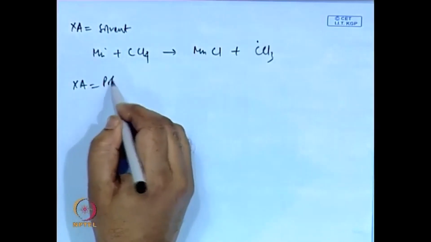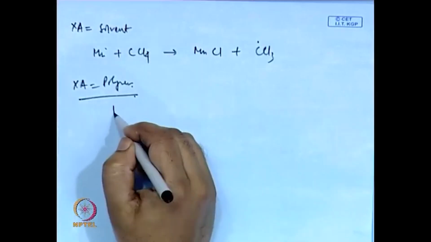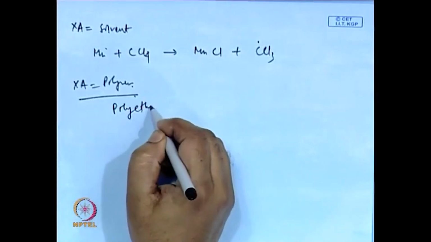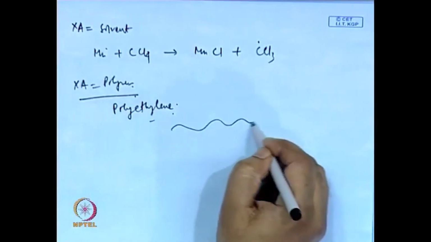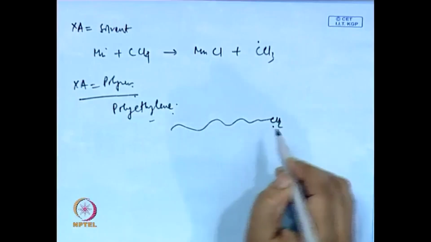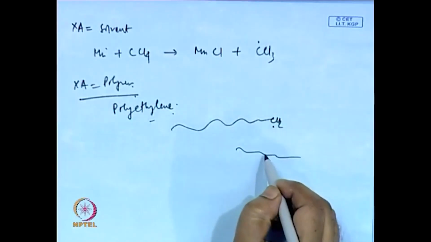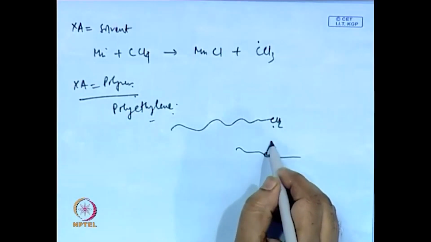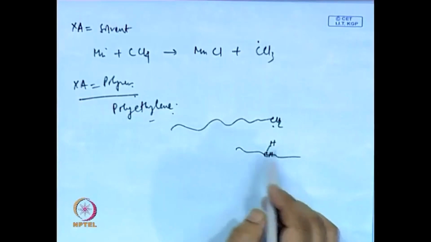XA being polymer, consider polyethylene. You have another chain, it could be a dead chain, dead polymer.